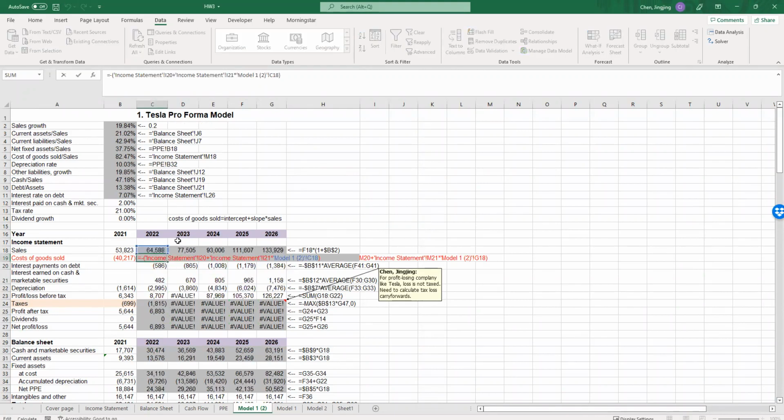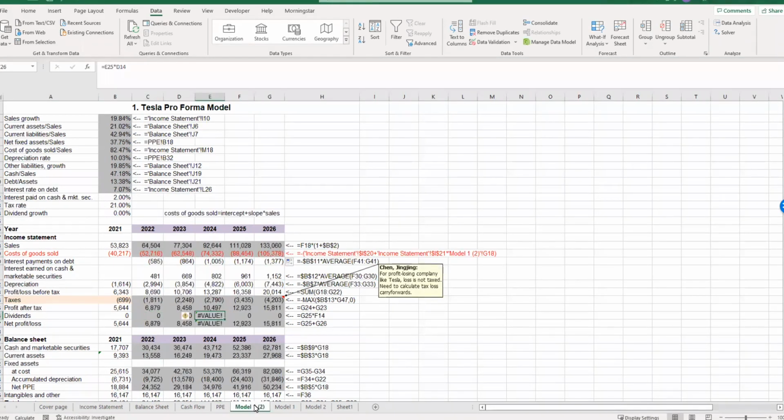I think I should fix some cells. I'll fix the cells here for intercept and also for the slope. So don't need to fix cells. And I see the error here. So I think I need to fix here the dividend growth.